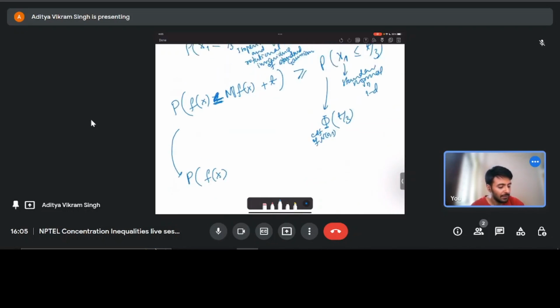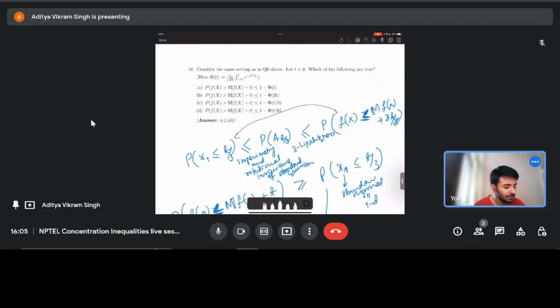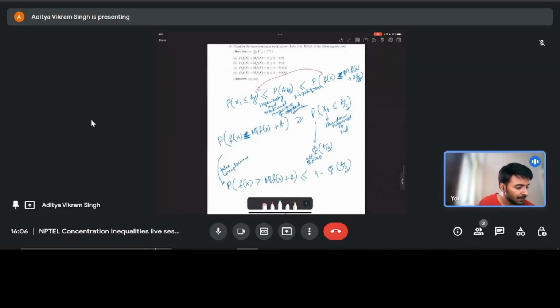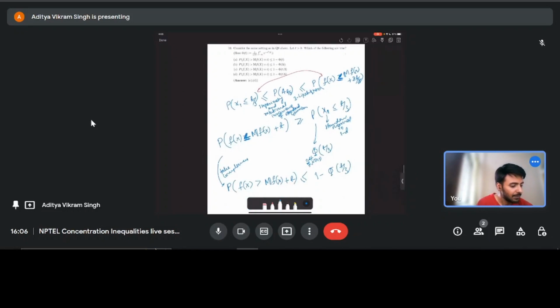Now take the complement, which means the probability of f(x) greater than or equal to the median of f(x) plus t is less than or equal to 1 minus phi of t/3.